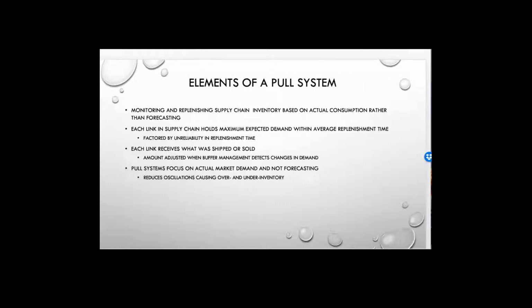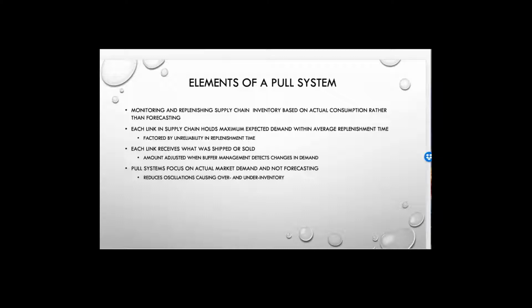So in a pull system, each link in the supply chain holds maximum expected demand within an average replenishment time. This is where the lead time comes in. If it takes 2 or 3 weeks to replenish a certain stock of goods, then we leave enough inventory in each of the spots within the pull system to maintain the flow during that replenishment time.